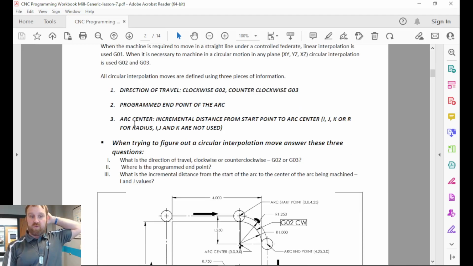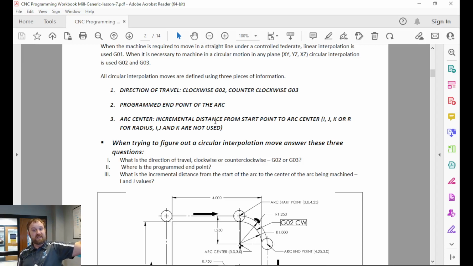So that's the next thing we got to tell it. And then we've got to tell it the arc center, which is the incremental distance from the start of rotation to the center of rotation. And this is where this workbook, and us going through this workbook, is really to help you understand that. We're going to use I, J's, and K's in this lesson.